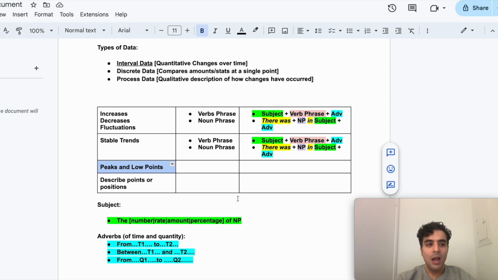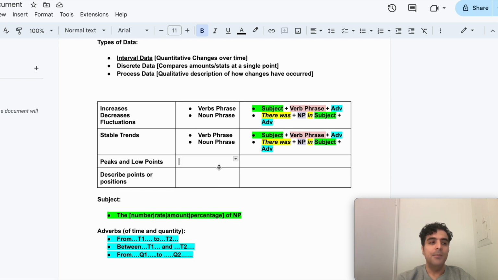So what kind of structures can we use to describe peaks and low points? Well, we only have a very simple structure here, and that is very similar to the structures that we have seen before. I'll show you exactly how these structures can be used.